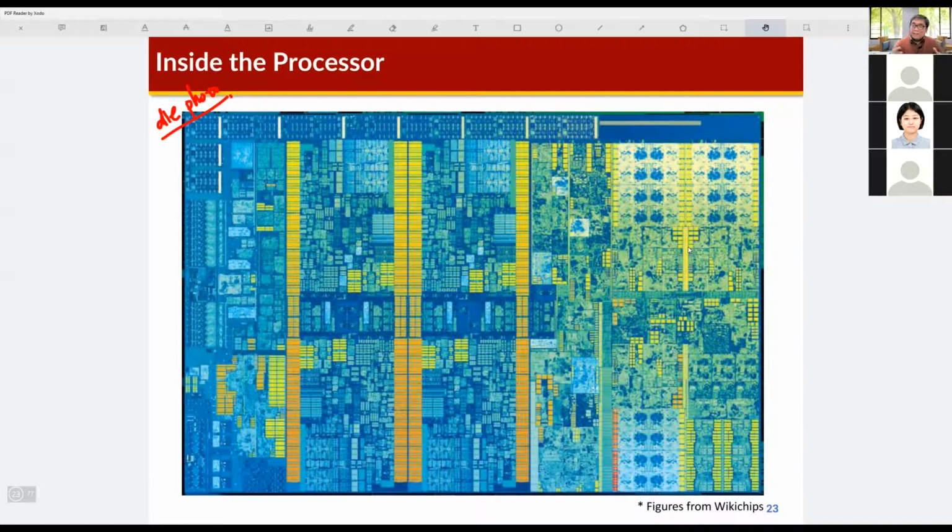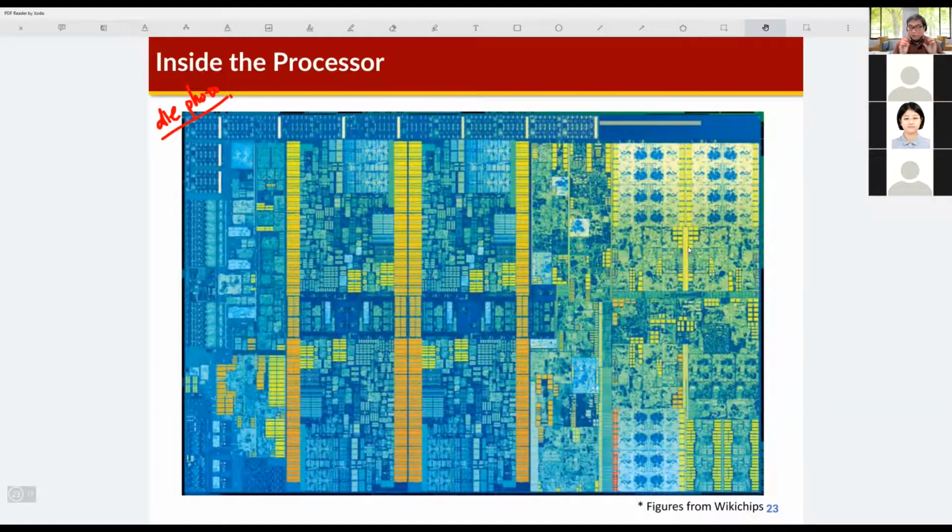In this die photo, you can see all the transistors, but you cannot figure out the detail of the transistors because they are very small, and there are billions of transistors inside a single chip. So it's very hard, but this figure includes every transistor inside an Intel processor.